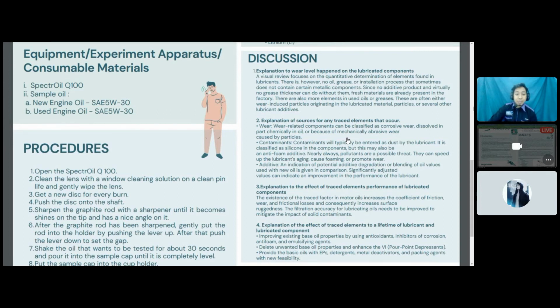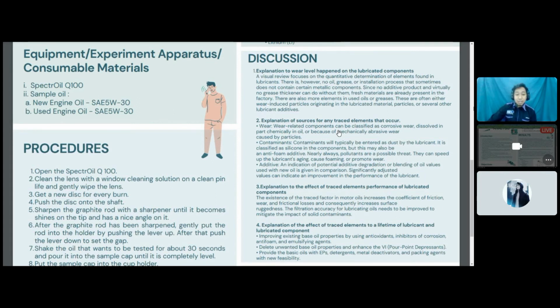Second is contaminants, which will typically enter as dust in the lubricant. Third is additive. Additive is an indication of potential additive degradation or blending of oil values. Values can indicate an improvement in the performance of the lubricant. So by adding the additive, we can improve the performance of the oil.